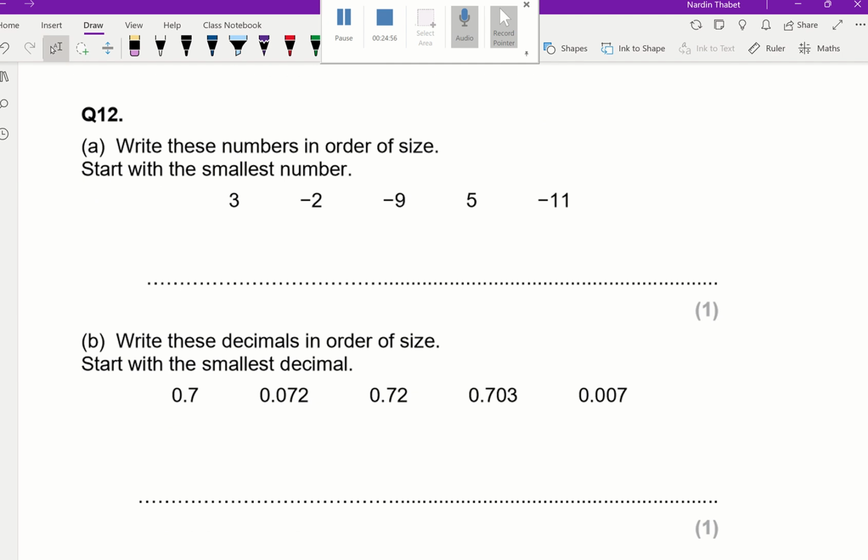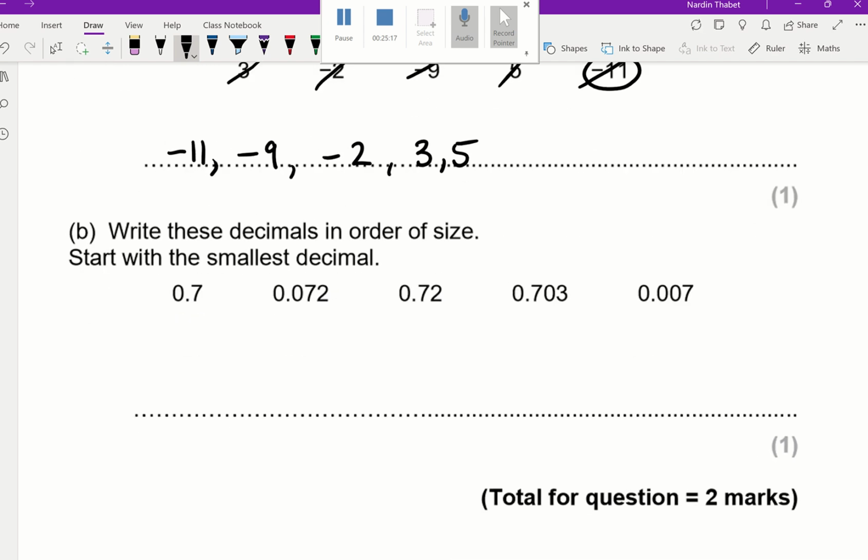And then this says write these numbers in order of size, starting with the smallest. The smallest is -11. And then we've got -9, -2, 3, and 5. And then it says write these decimals in order of size.